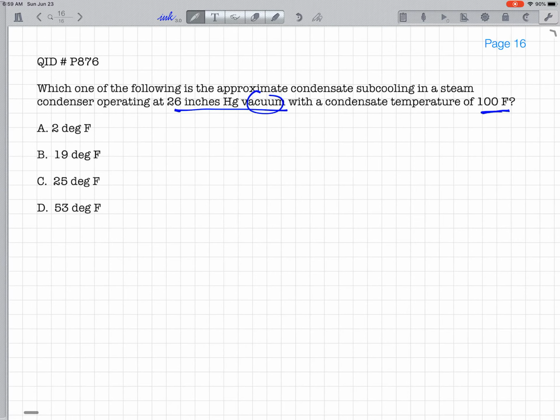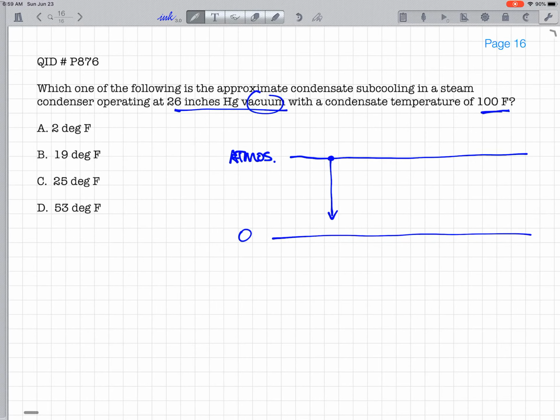So what does 26 inches vacuum mean? Well, again, when we start up here at atmospheric, here's the line to atmospheric. Here is 0. So what they're saying is that your vacuum is 26 inches deep.